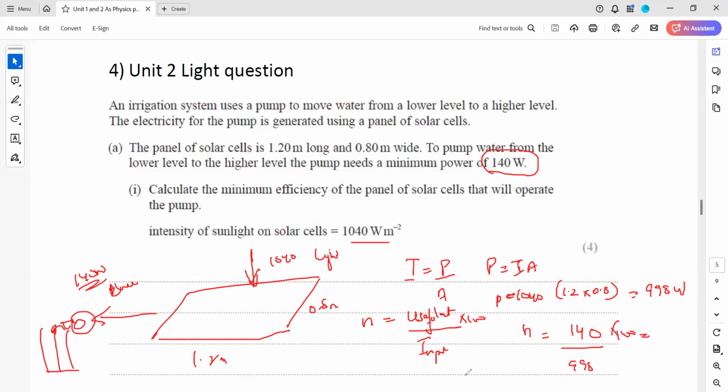So this will give us the efficiency, about 14% efficient, this solar cell. We need a solar cell with these dimensions that is 14% efficient to lift the water upward.